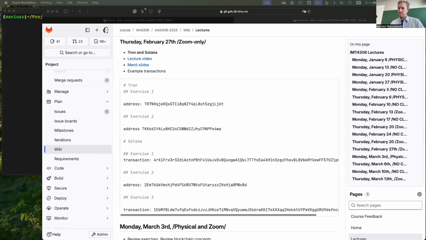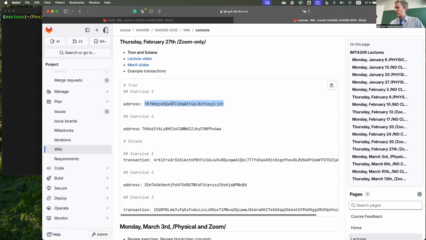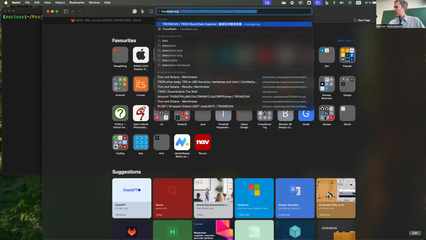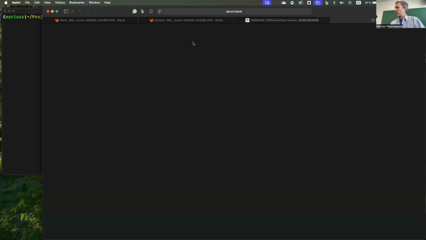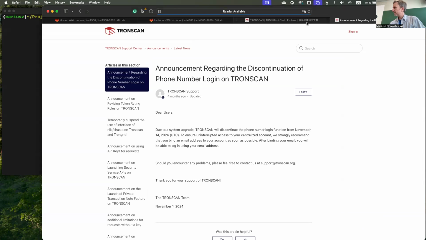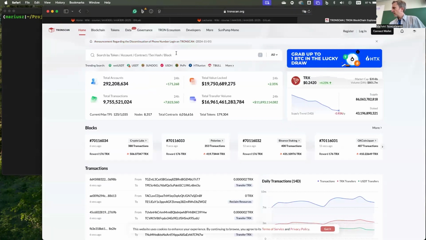Share. Okay, should work. Yeah. All right, so let's try the first address for Tron. tronscan.org, and we, oops, sorry. Here.